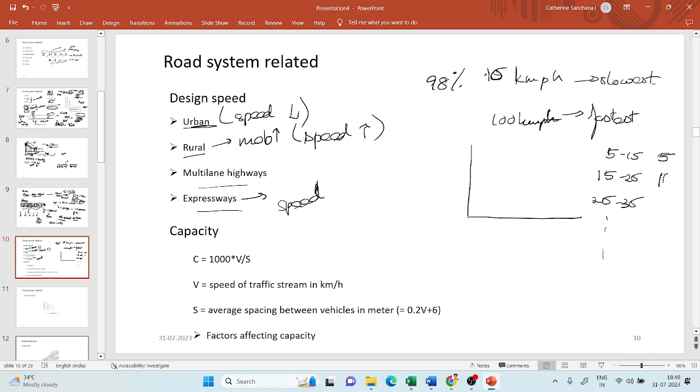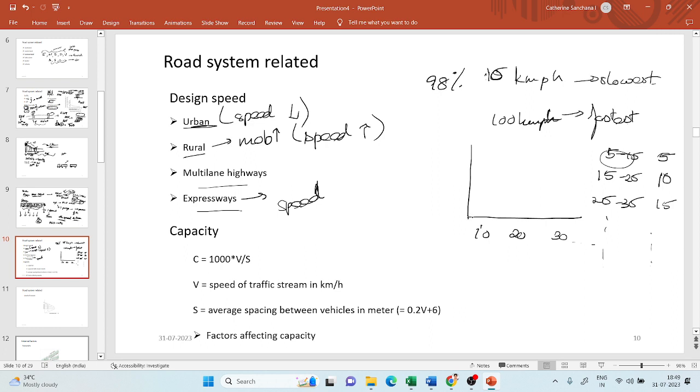Now I will plot them such that on the x-axis it is the mean value of speed, say 10, 20, 30, and so on, and on the y-axis it is the percentage of vehicles greater than.